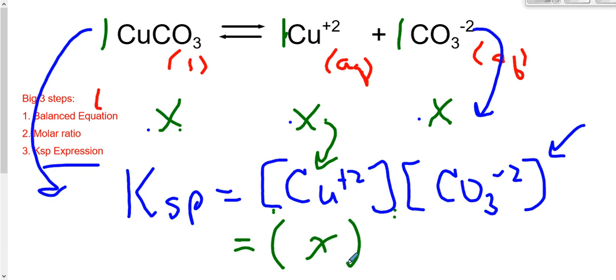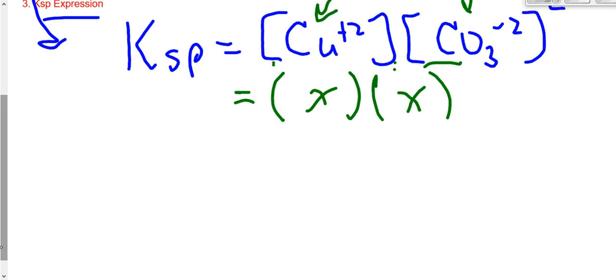Right here, we're looking for the concentration of carbonate, and here we've described the concentration of carbonate as being x. So let's also say the concentration of carbonate is x. X times x is equal to x squared. We now have a really simple expression that we can solve. Ksp is equal to x squared.